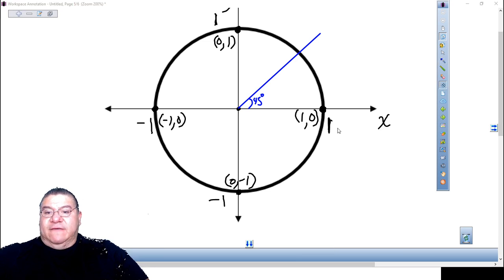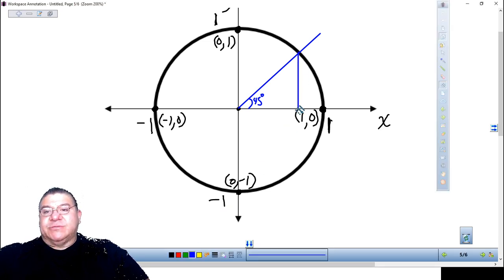So that means if I was to sketch a line from here straight down this way, what do you guys notice it forms? It forms a 90-degree angle. So if this is 45, what is this one? 45. Okay, so let's recap with what we just saw on our triangle earlier.